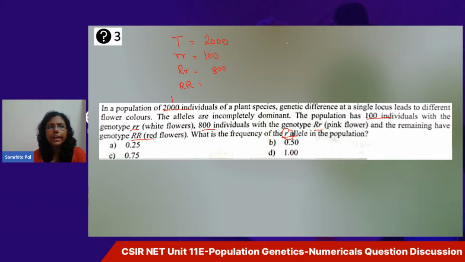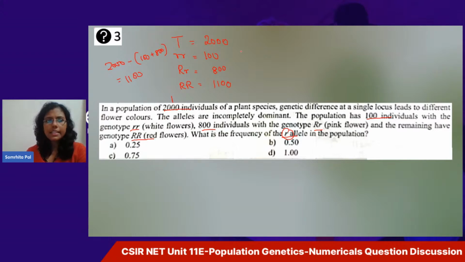So to find out red, obviously what we can do is subtract 2000 minus 100 plus 800, right? That will give me 1100 as my red. So red is my 1100. Now they are asking you to find the frequency of R.